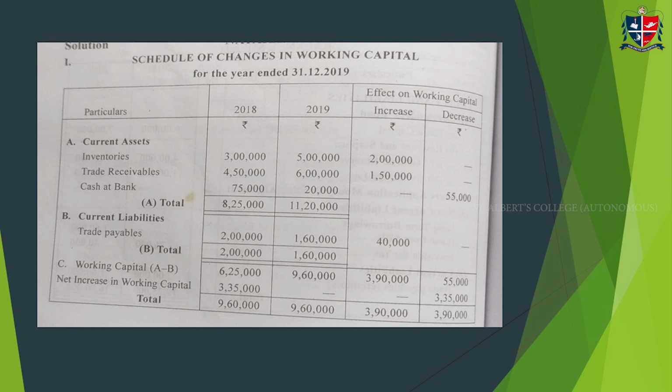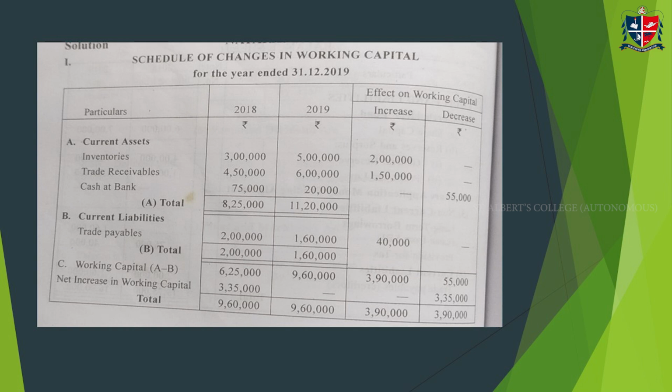Then we have to find out the working capital. In 2018, working capital is computed by deducting 2 lakh from 8,25,000. In the current year, we get the working capital by deducting 1,60,000 from 11,20,000. So the working capital for the previous year is 6,25,000 and for the current year it is 9,60,000.